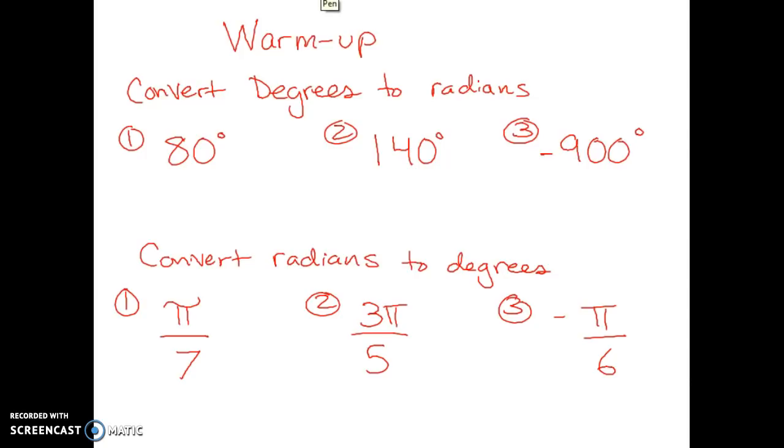What we're going to do is convert from degrees to radians. So remember, 1 radian is 180 over pi, which is approximately 57.3 degrees. So if I want to go from degrees to radians, I want the degree units to cancel out.